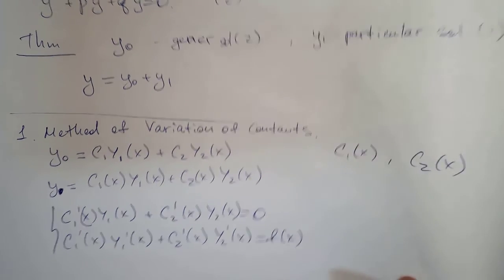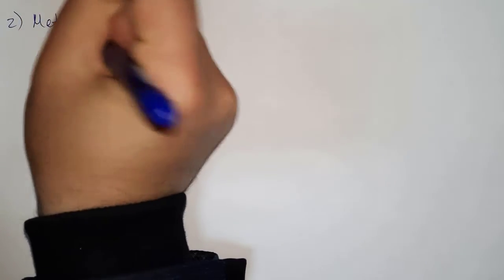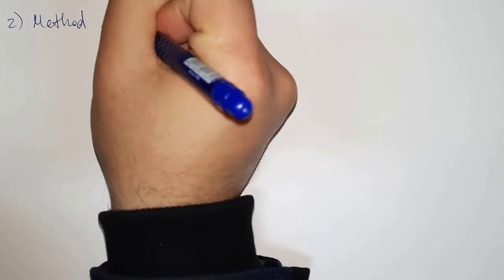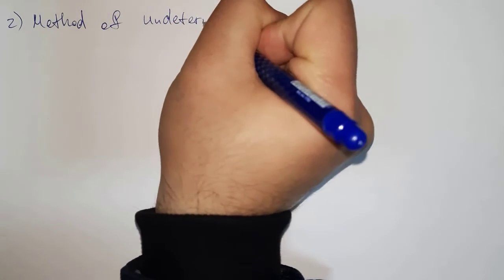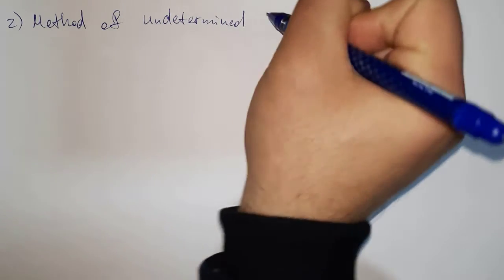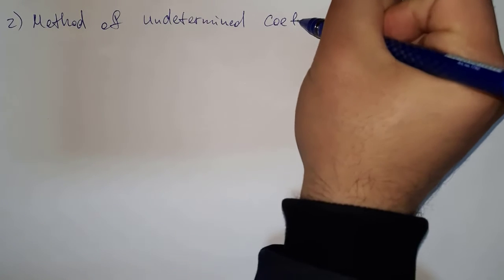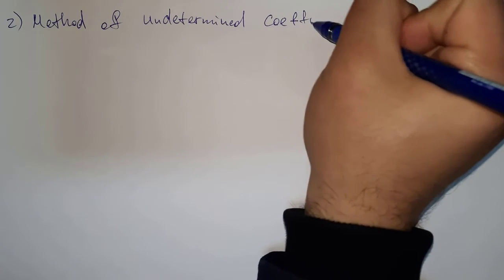So now let's consider the second method, the method of undetermined coefficients. This is the second method.